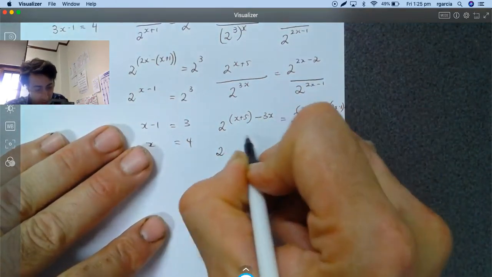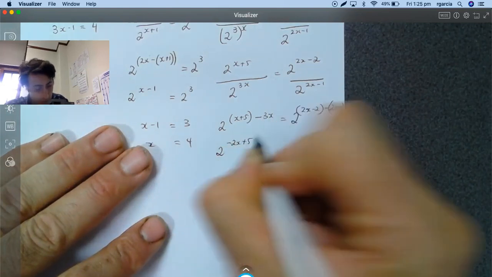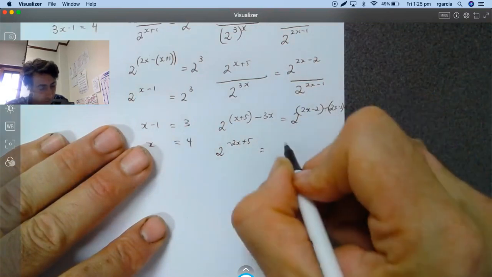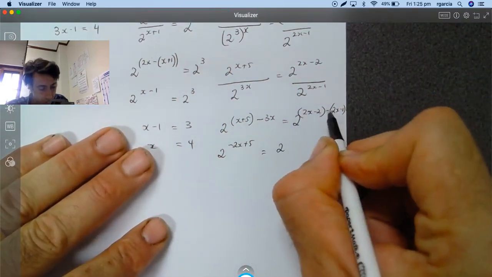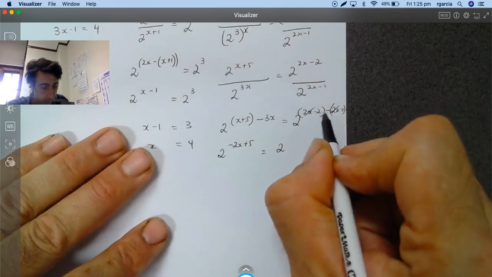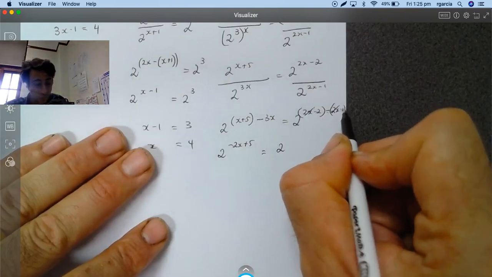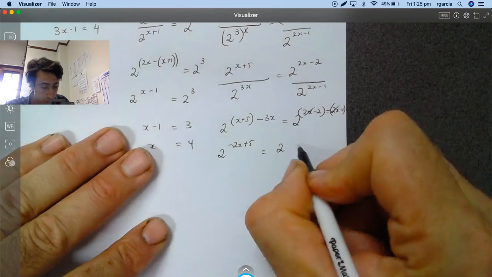So that is minus 2x plus 5 equals 2, and this is 2x minus 2 minus 2x, so they'll cancel out. Minus 2 minus minus 1 is minus 2 plus 1, which is negative 1.